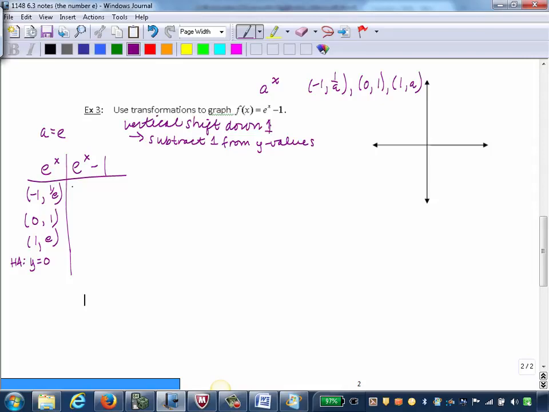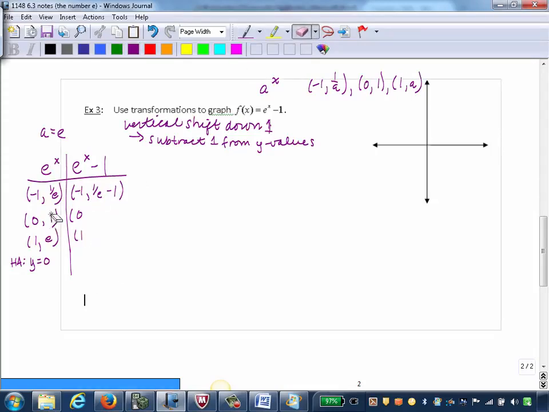I'm going to leave all my x values of my key points the same, the negative 1, the 0, the 1, and I'll subtract 1 from all the y values. If I take 1 over e and subtract 1, that's going to be the exact value. When you go to sketch the graph, you'll want a decimal approximation, but for now we want the exact value, 1 over e minus 1.